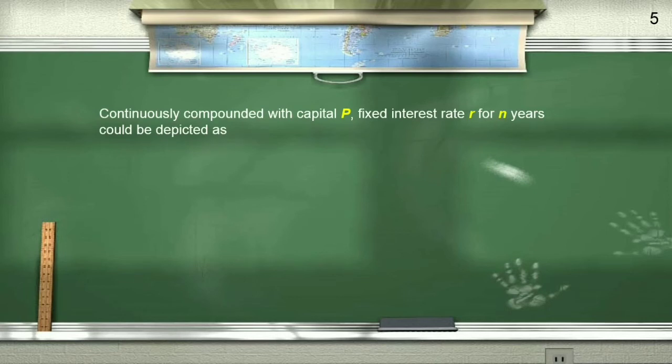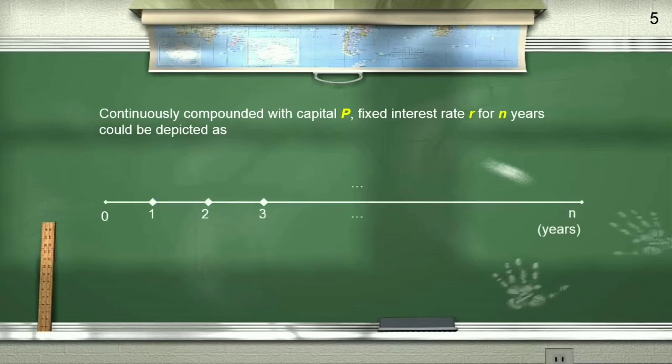So look at this. If continuously compounded with capital P and fixed interest rate r for n years, it could be depicted as P, Pe^r, Pe^2r, Pe^3r, and the last one, Pe^(nr).